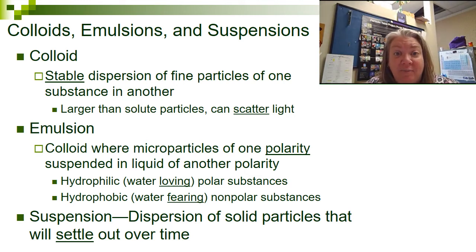So homogenized milk is an example, mayonnaise, hand cream, lotions, they all use some sort of an emulsifier, and they use polarity to help them. On this, we also look at the idea of hydrophilic and hydrophobic. Hydrophilic means it's something that's water loving. These are usually polar substances that have charges, so water is going to be attracted to that part of the molecule.